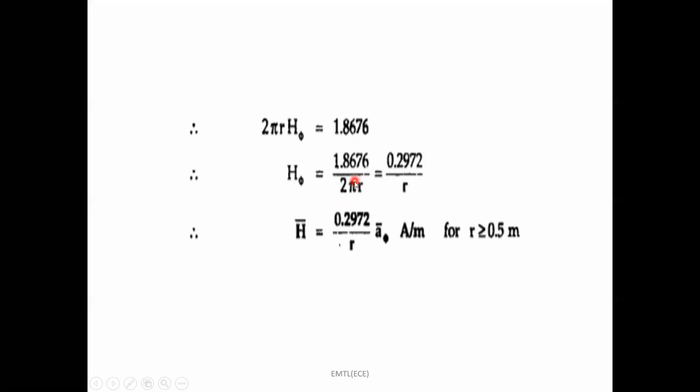Substituting pi as 3.14 and calculating all these values, it is equal to 0.2972 by r. Now here it is a magnitude. Now the vector H bar is equivalent to 0.2972 by r into the unit vector along the phi direction, a phi bar, amperes per meter for r greater than or equal to 0.5 meters.